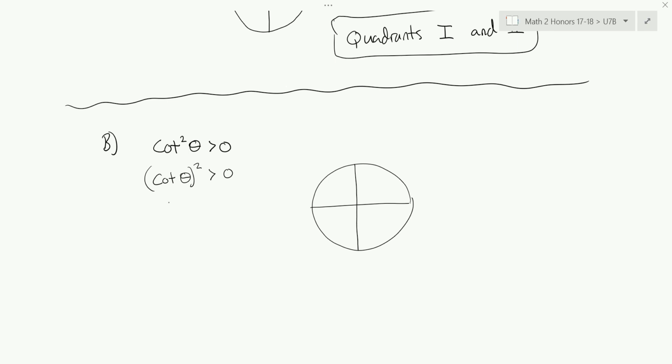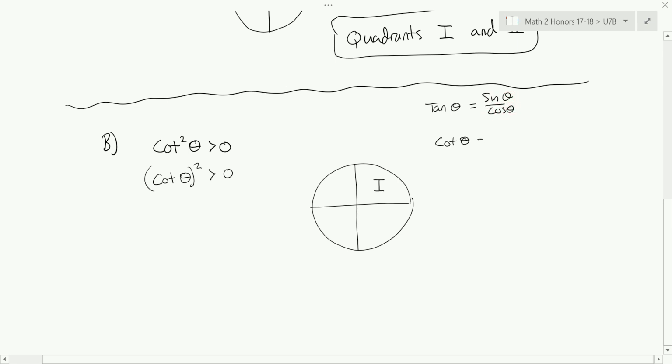Now, just for your sake, let's go through each quadrant and decide whether cotangent should be positive or negative. In quadrant 1, is cotangent going to be positive or negative? Here's what we know. Cotangent of theta is the reciprocal of tangent, and tangent is sine over cosine.